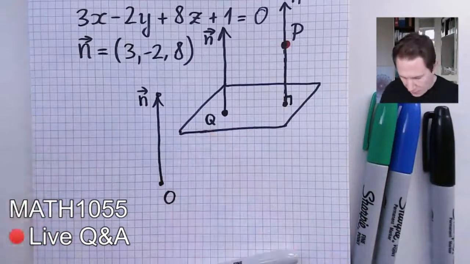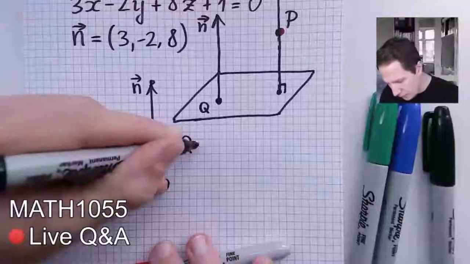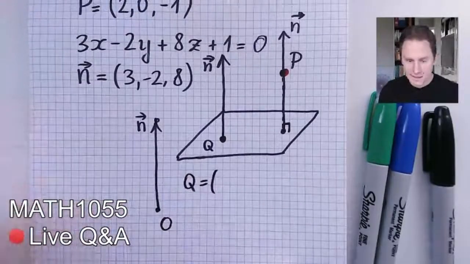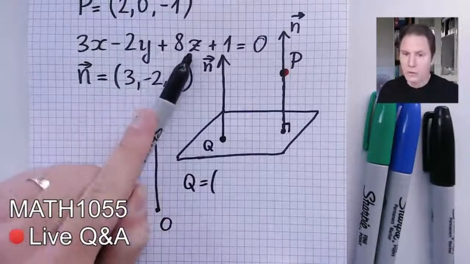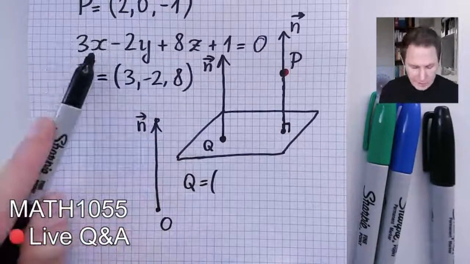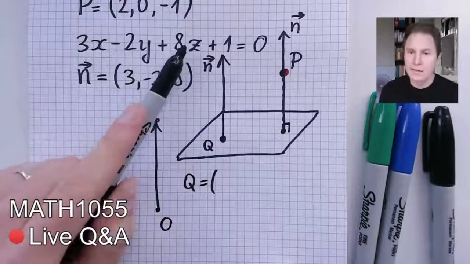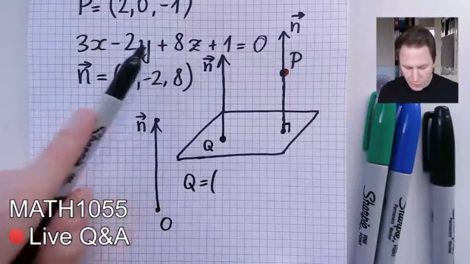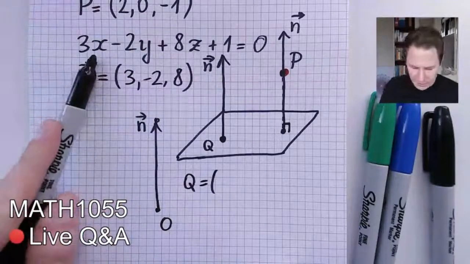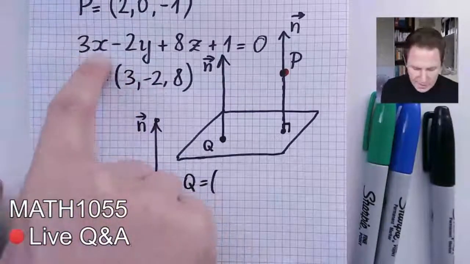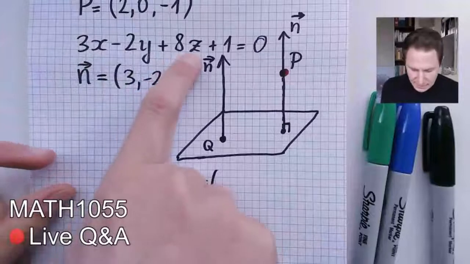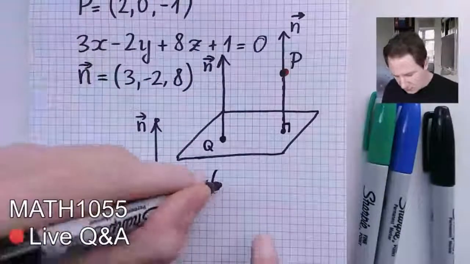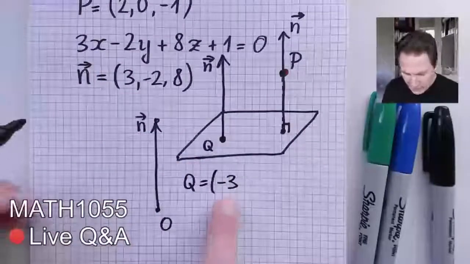So I'm calling this Q, and it's simple to find a point on the plane. All you have to do is pick some random values for x and y and solve for z. Of course, you could try to be clever about it. For example, I see that there is 3x and 8z, so I could imagine taking x to be, let's say, -3.